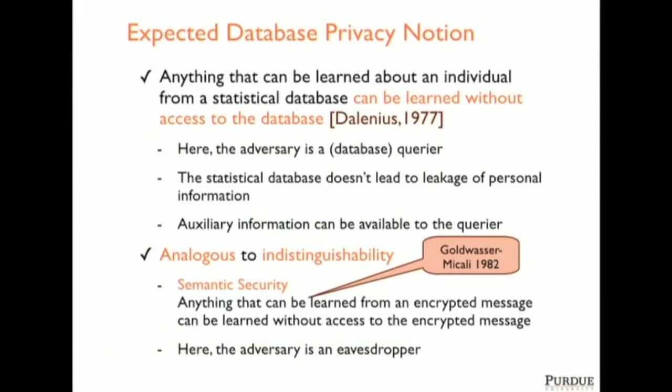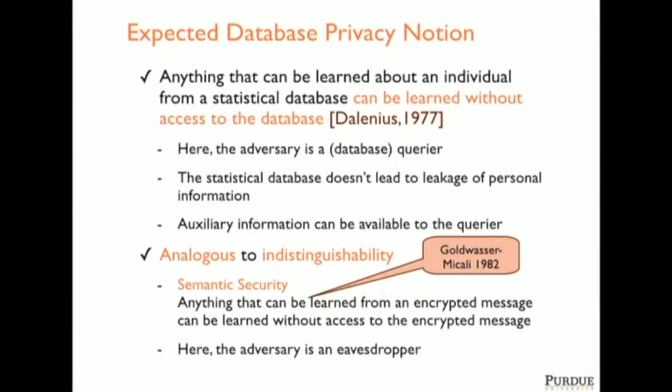The first thing we have to understand here is what we mean by privacy in this data analysis scenario, these data release scenarios or statistical information release scenarios. Even in the database literature, even before we defined cryptography formally, in 1977 Dalenius provided a definition which has really good semantic guarantees.